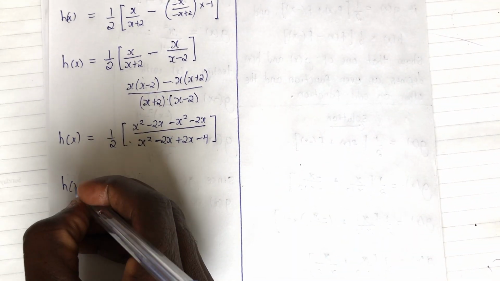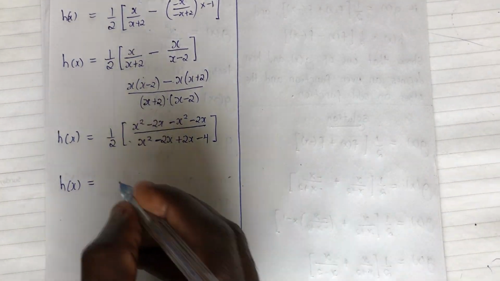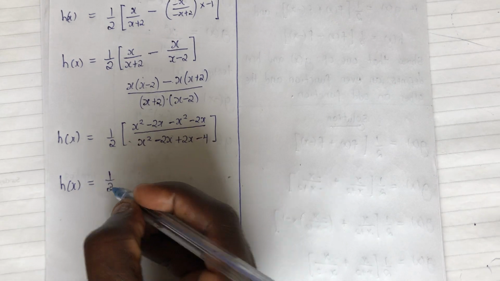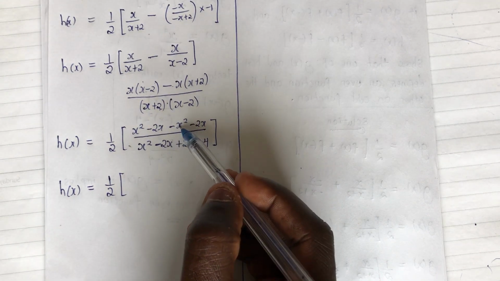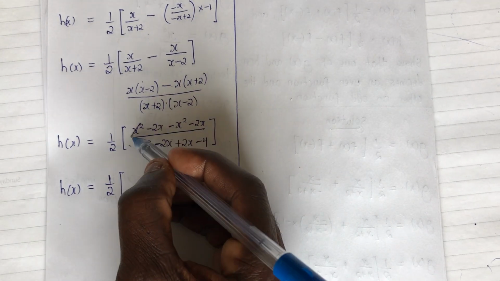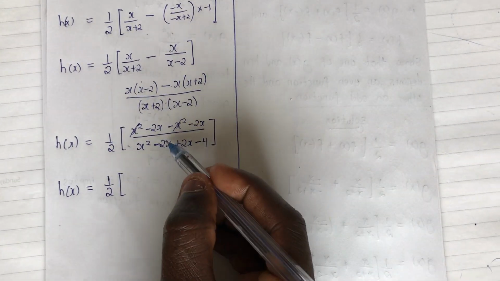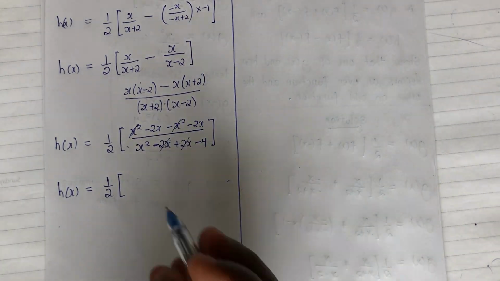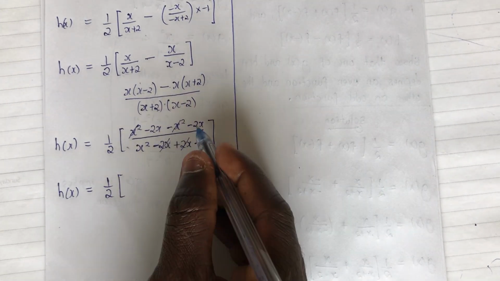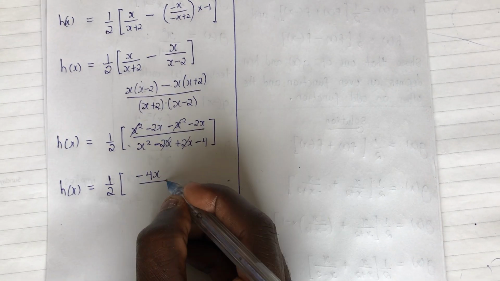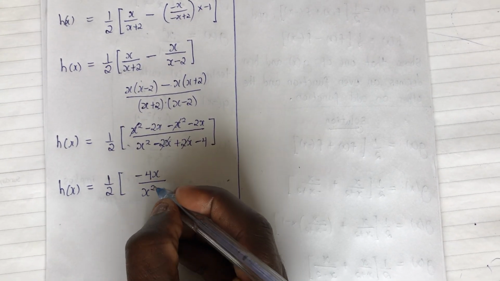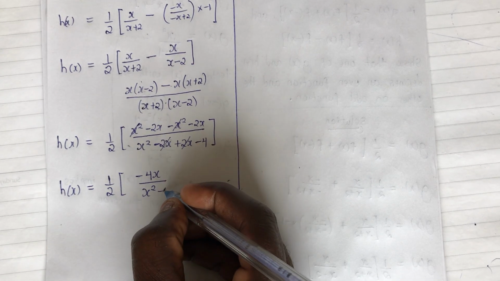Then we have h of x giving us 1 out of 2 into, now which ones will cancel? We know this is negative, this is positive, so this and this will go away, this and this will go away. So we are left with minus 2 giving us minus 4x out of x squared minus 4.